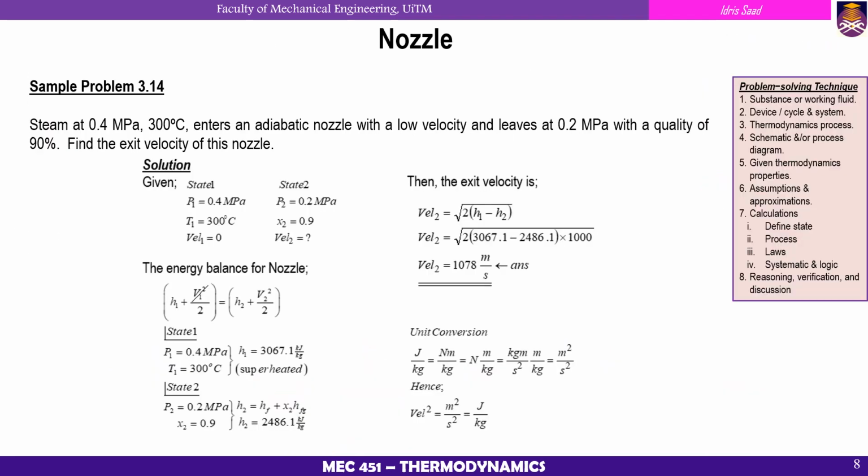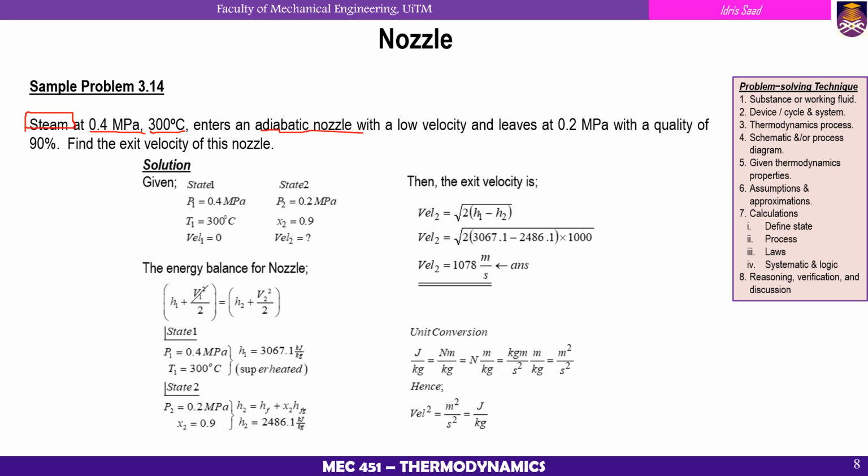This is sample problem 3-14, to demonstrate the way to apply the energy balance for a steady flow process for the nozzle. Let us read the question together. Steam, please remember this is our substance, and steam refers to water, at 0.4 megapascal, this is pressure, and 300 degrees Celsius, this is temperature, enters an adiabatic nozzle.